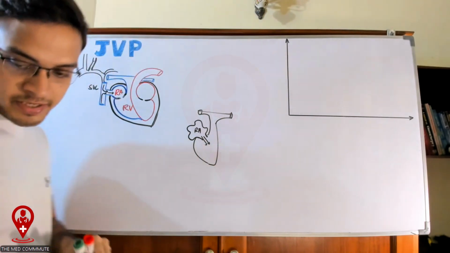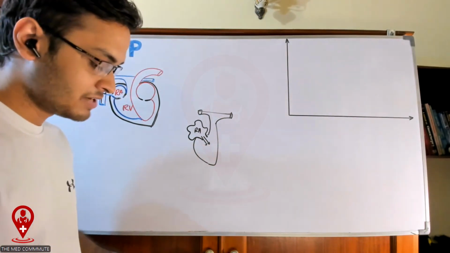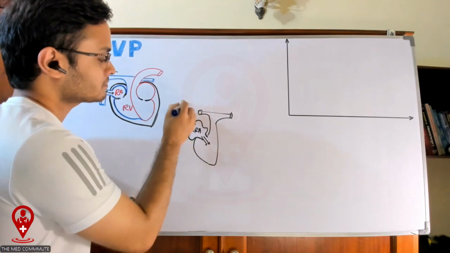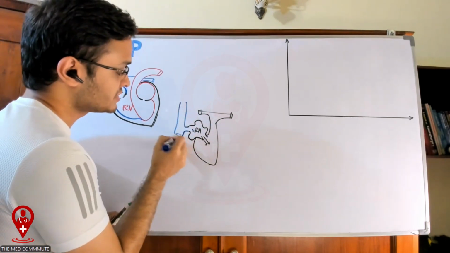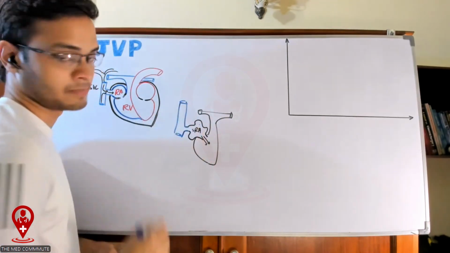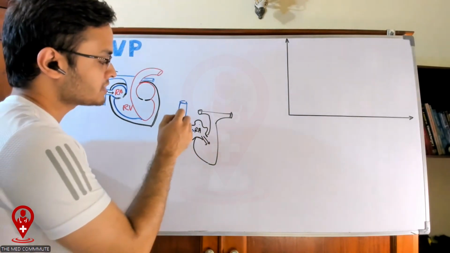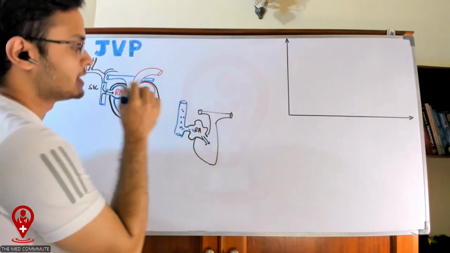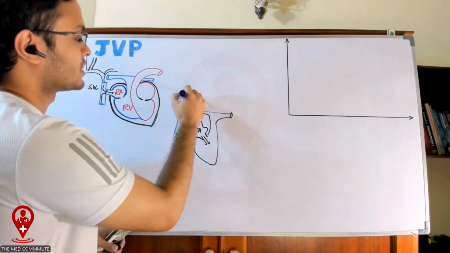The important point to know here is that as the right atrium contracts, the pressure generated within the right atrium is going to be transmitted via the blood that is in this venous circulation to this internal jugular vein.